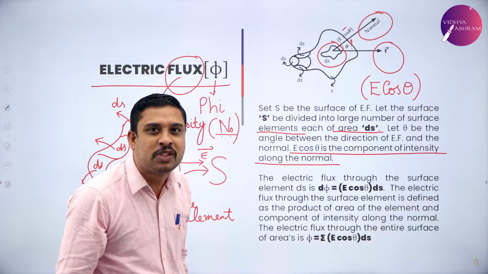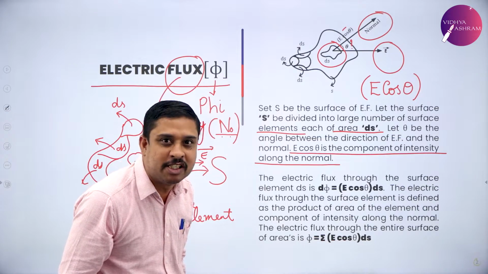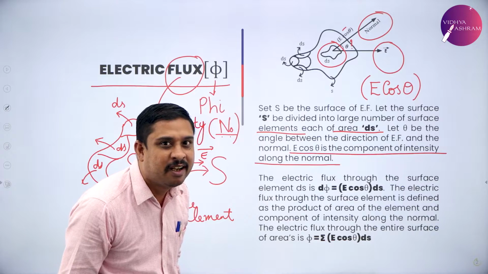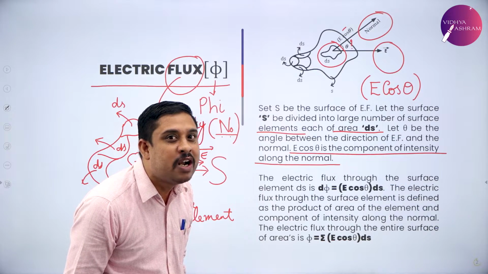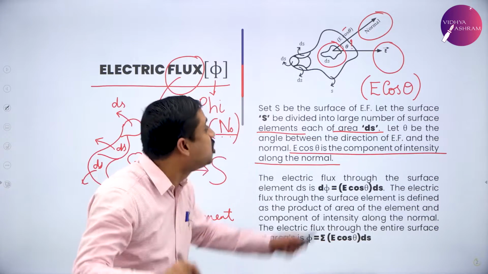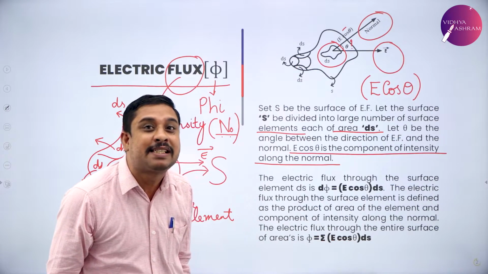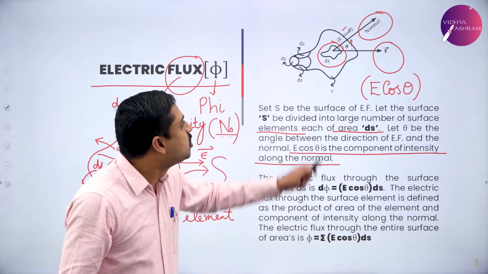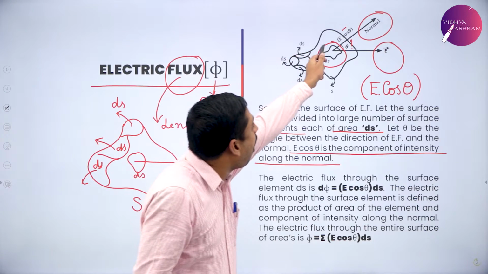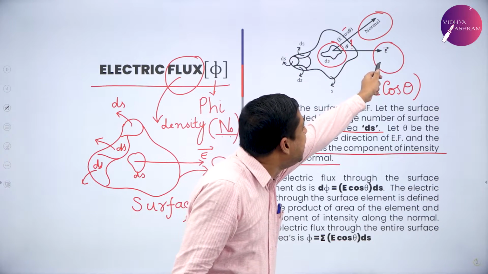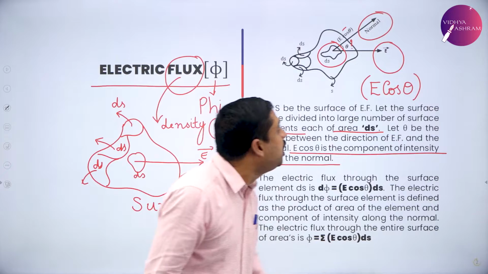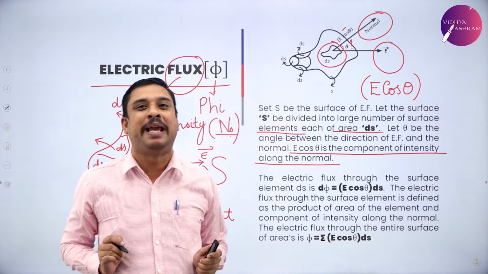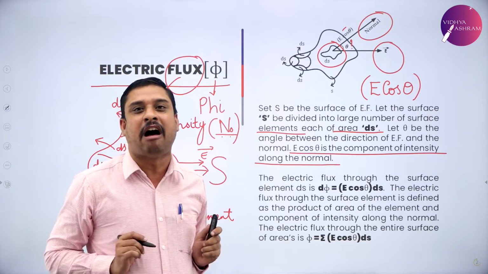In first PUC, you have studied resolution in the projectile chapter. So along the horizontal, with reference to theta, we always write cos theta. So what is the component of intensity along the normal? It has to be E cos theta.